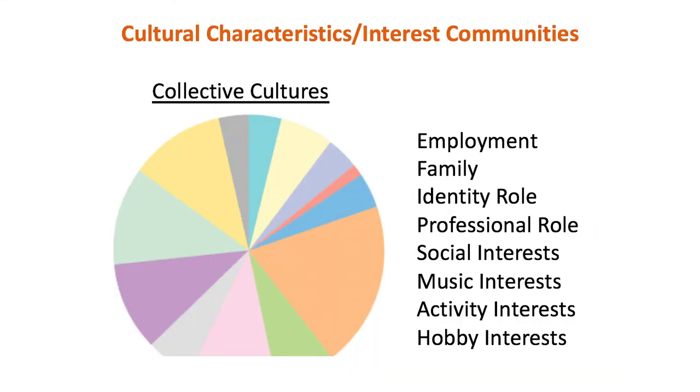Another important segmentation style is grouping through cultural characteristics or interest communities. One segment is that of collective cultures. So usually we think of cultures as nationalistic, like Indigenous, Hispanic, multiracial, Polynesians.